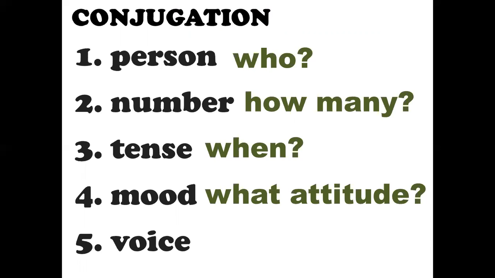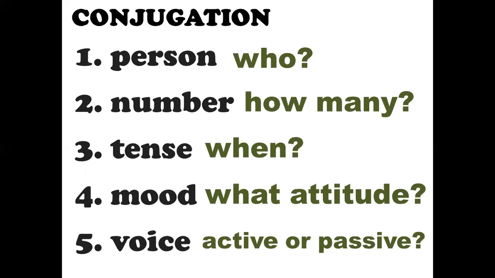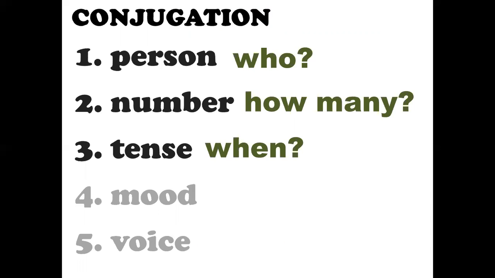Is it something in the realm of possibility, or is it a command? And then the voice, is it active or passive? This is more of a grammatical concept. In this series of videos and in high school Spanish, we particularly focus on person, number, and tense. So let's start with person and number.